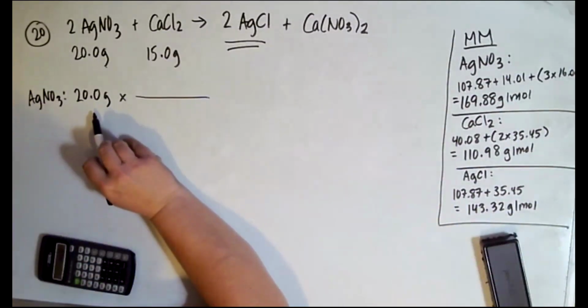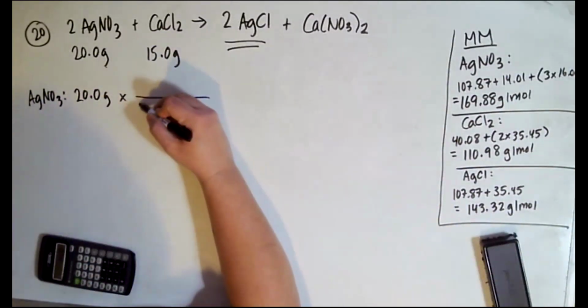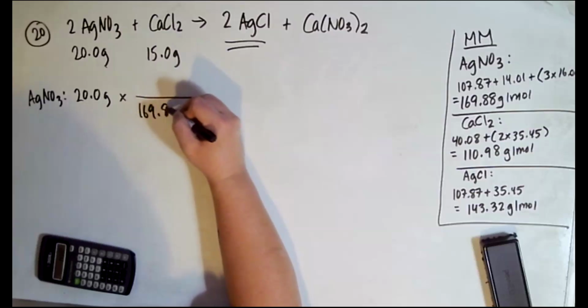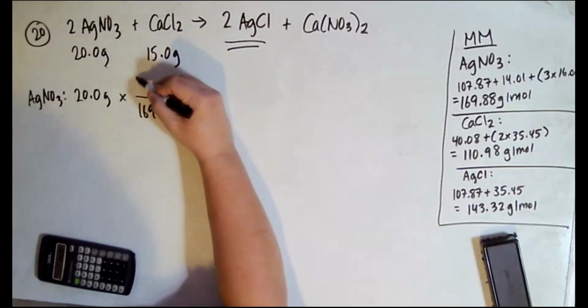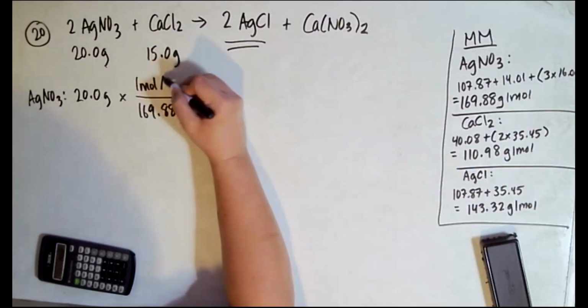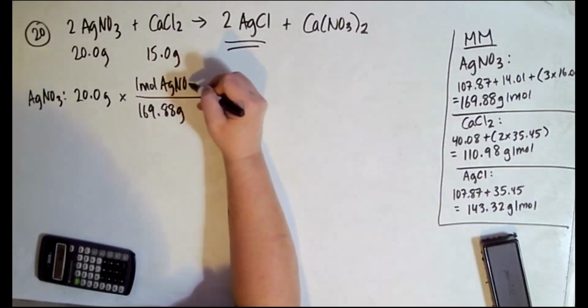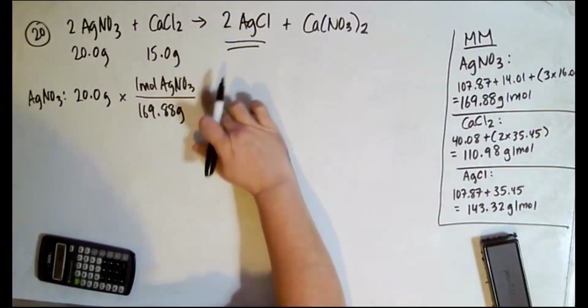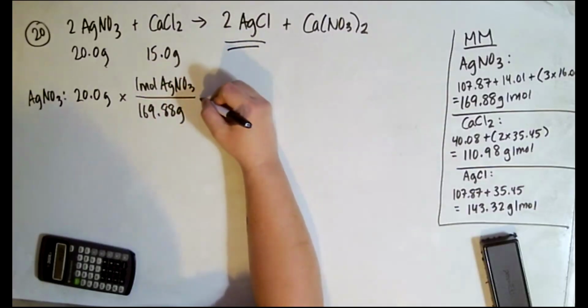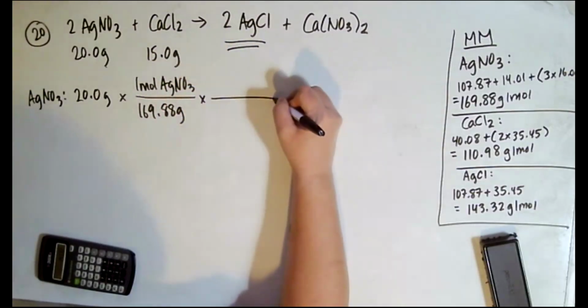So we'll take our 20 grams of AgNO3. There's 169.88 grams of AgNO3 in every 1 mole. Okay, and then we are going to look at our mole ratio.